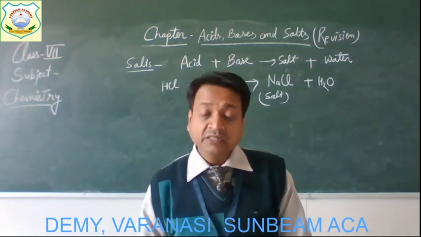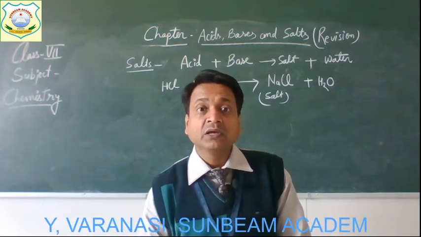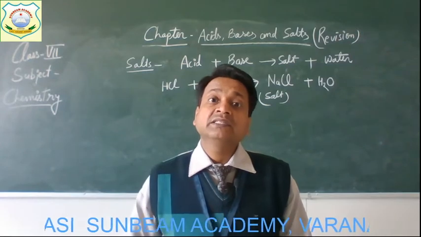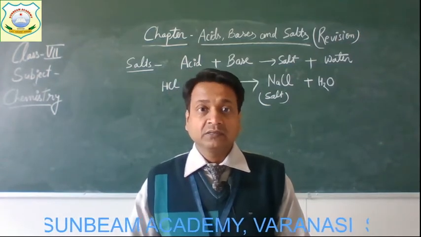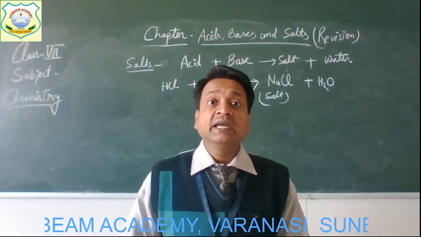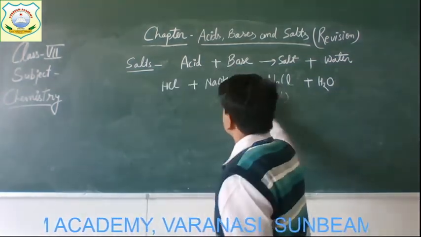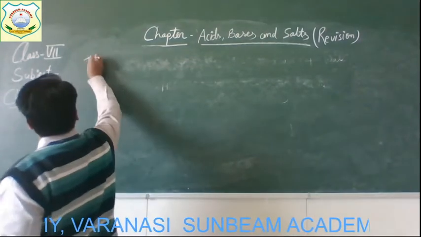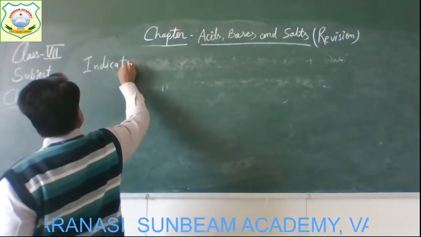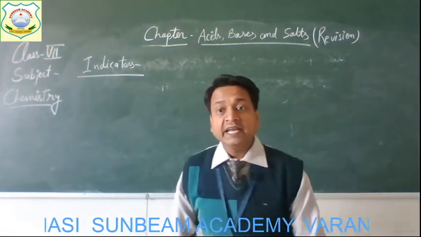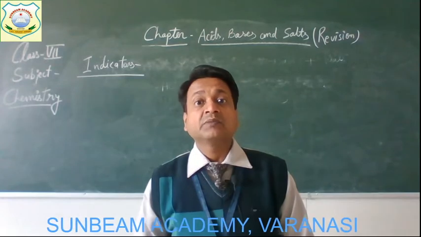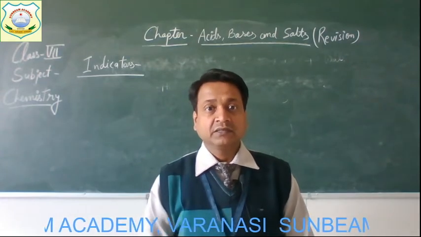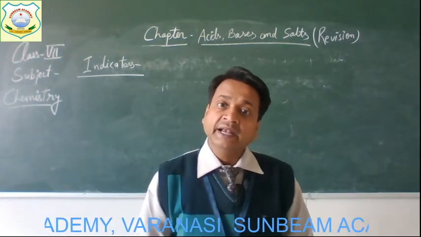There are certain substances which can indicate whether the given substance is an acid or a base. Such substances are known as indicators. So indicators are the substances which indicate whether the given substance is either an acid or a base. So they are called acid-base indicators.